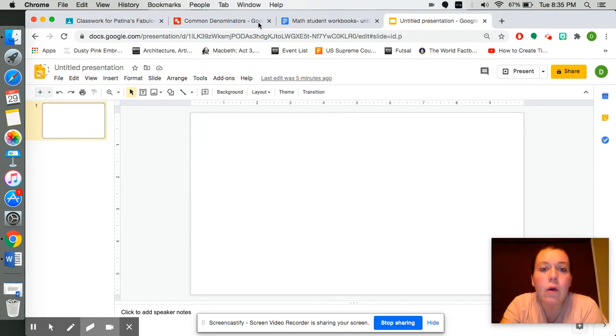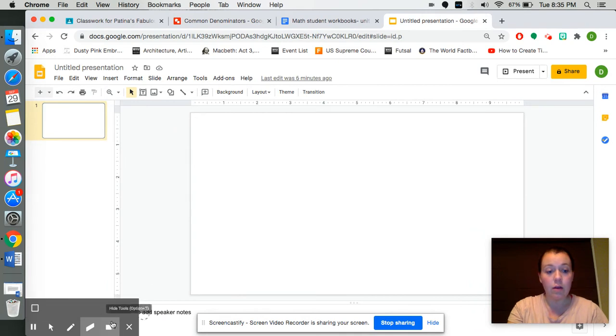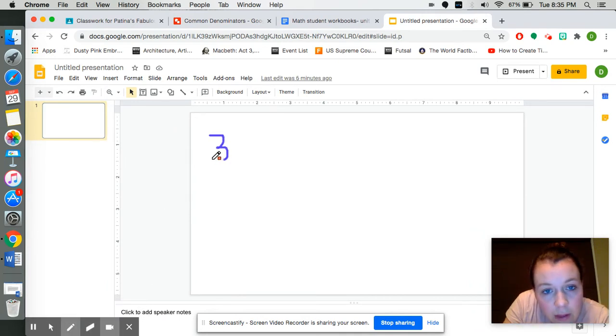All right, so common denominators. So the first thing is I've got to figure out what my two denominators are that I've got to find one that's the same for. So in 1/6 plus 2/3, what are the denominators? 3 and 6. Not 1 and 2, 3 and 6, the ones on the bottom. So I'm going to start by copying down 3 here and 6 here.